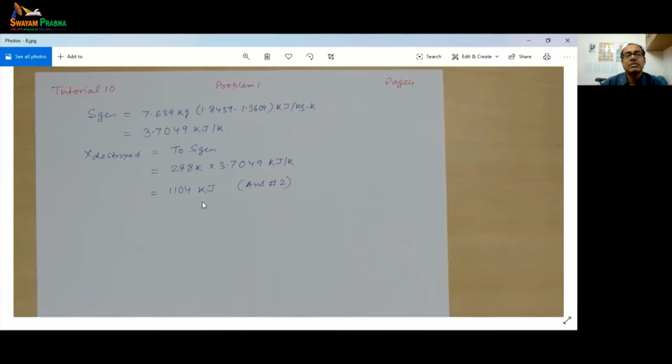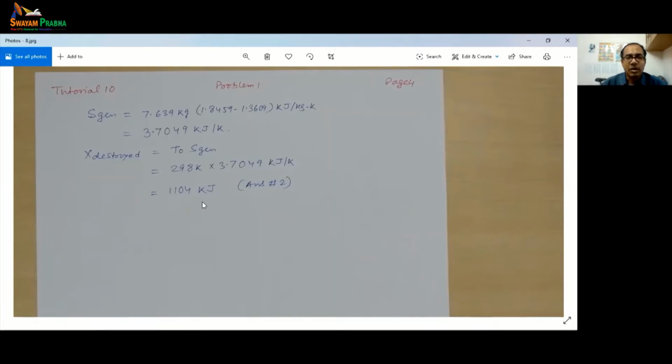From this kind of loss we get the concept of second law efficiency. The first law efficiency gives you how much work you can get out of a certain amount of heat. But the second law efficiency compares with a realistic value.